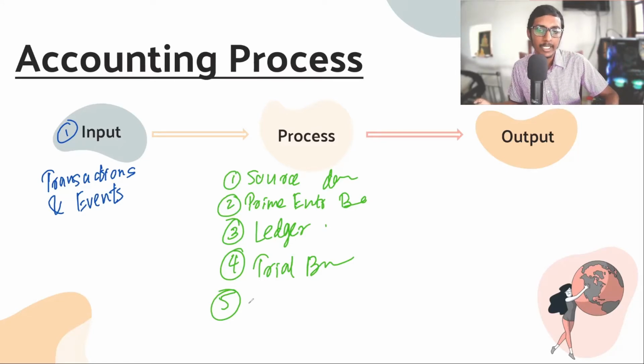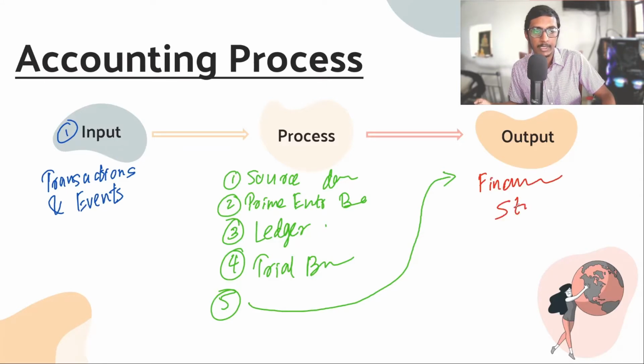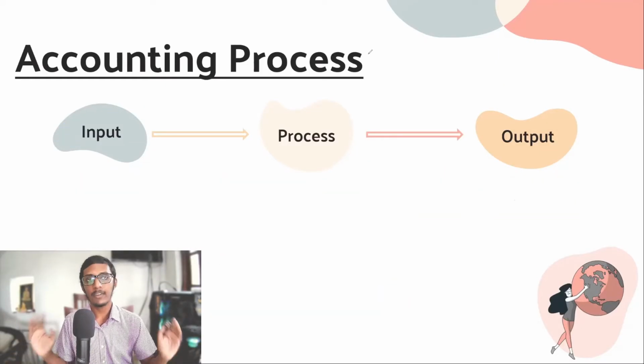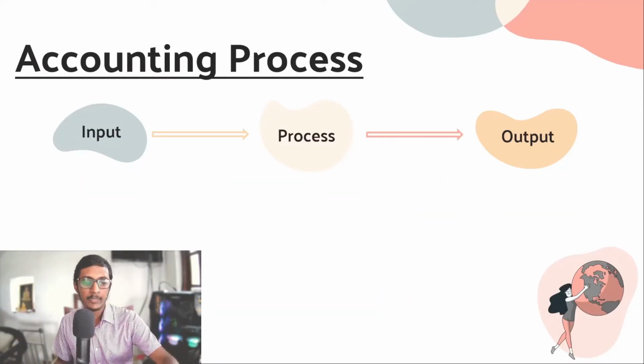We can directly link that number 5 here and mention it as financial statements. So I have given you a rough idea of the accounting process. After understanding this process, it is easy to prepare the financial statements.